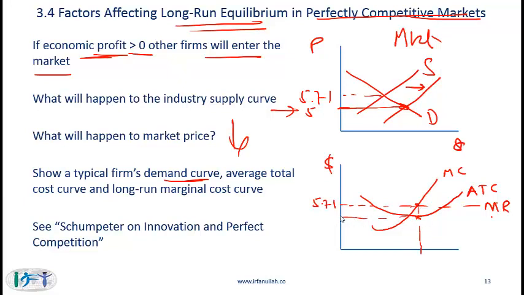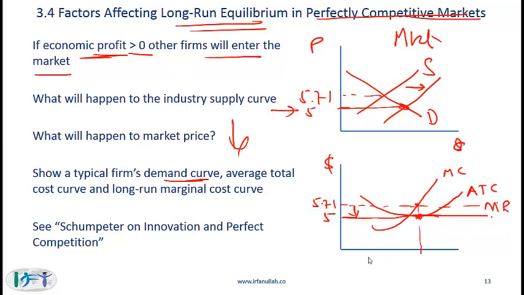Now because firms are entering the market, the price comes down to 5. So the price curve, which is the same as the marginal revenue curve, will shift down, and eventually it will come to 5 when the marginal revenue is at 5, and this particular curve is then touching the average total cost curve over here.